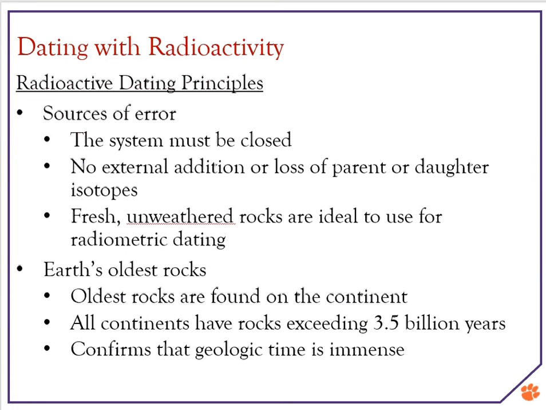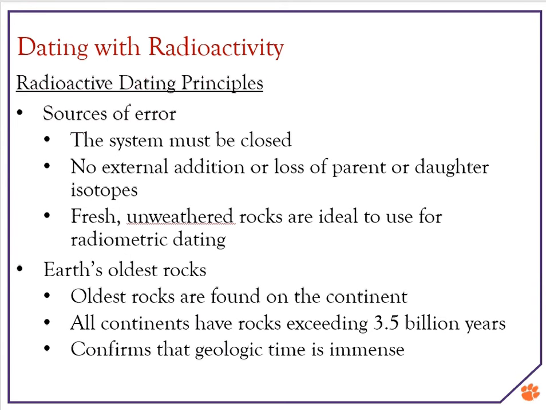to get reliable radiometric dating, because when we have our rocks exposed to weather or went through the chemical or physical weathering process, it is very likely that they will be losing or earning additional material of parent or daughter isotopes. By using the radioactive dating method, we actually could identify the Earth's oldest rocks.